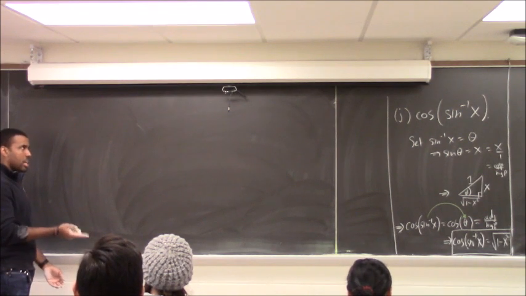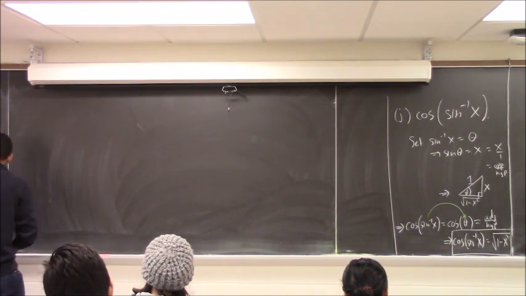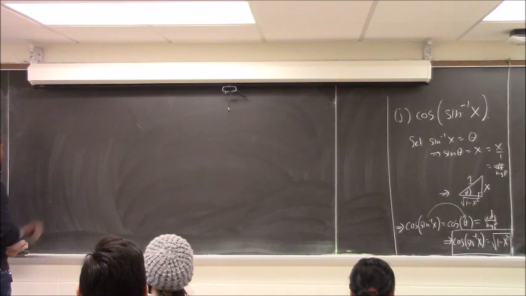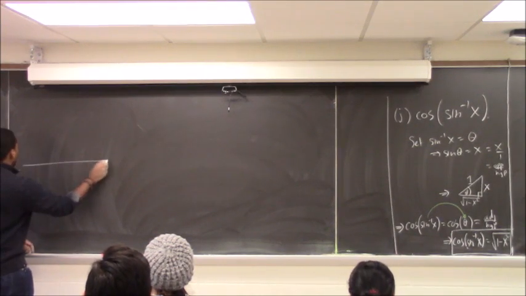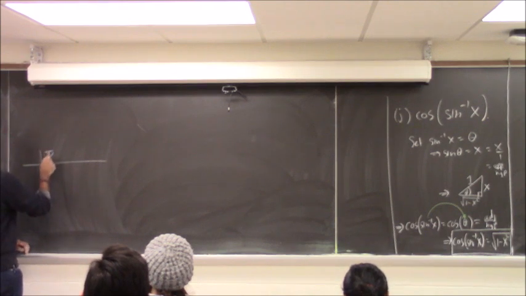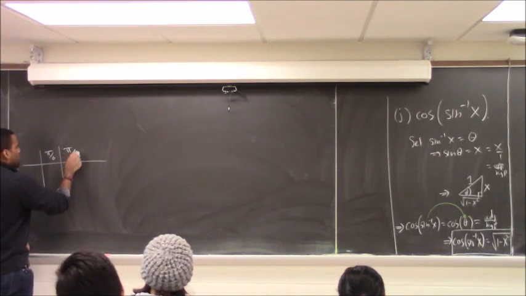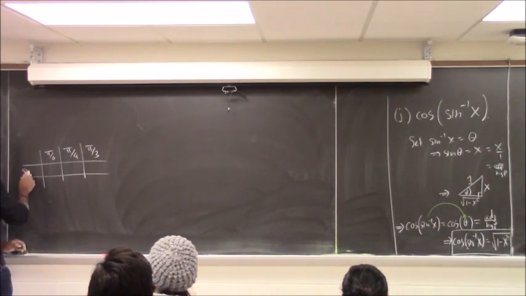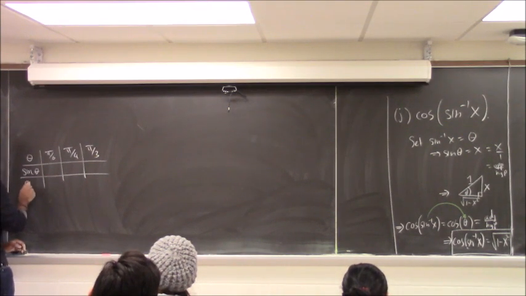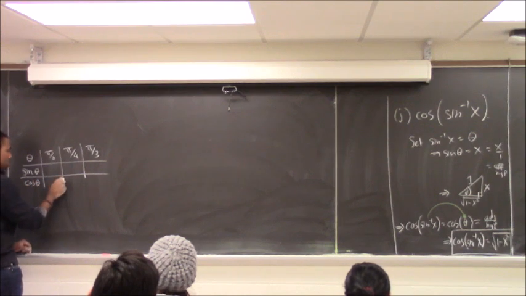You're just kind of going backwards. It's like before, where you looked at the value inside the table. This was pi over 6, that was pi over 4, this is pi over 3, meaning that this is sine theta, this is cosine theta. Do you guys remember how we fill this up?